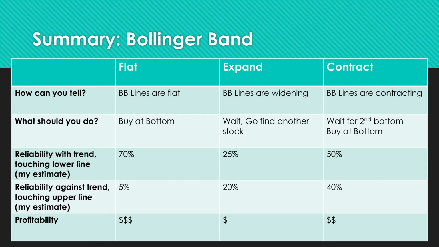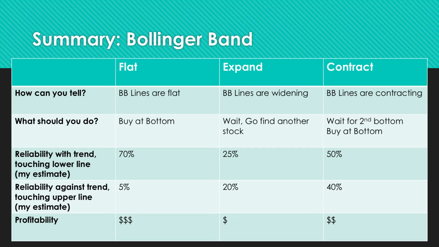So second part, expanding, and then uptrend, touch it and you try to short. Again, you're going against the trend, so I would really advise against trading that unless you know something for sure that will happen. And finally, contract.